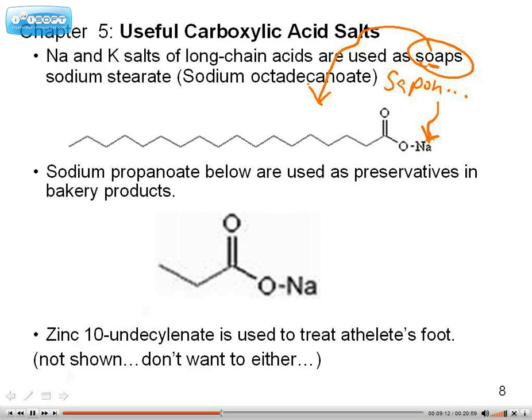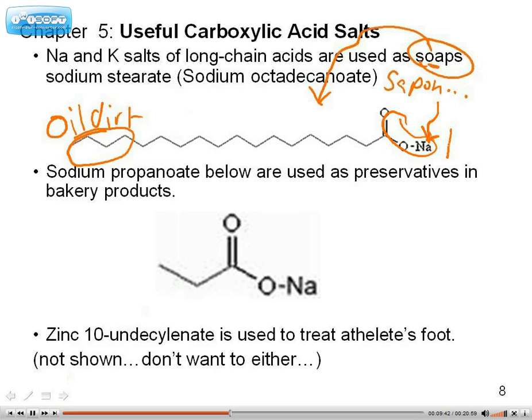So how does soap work? Well, we assume that most oils and dirts on your hands are going to be nonpolar. So they're basically going to stick to the nonpolar side of this molecule. The newly made carboxylic acid salt has strong ionic forces and is going to be highly polar.